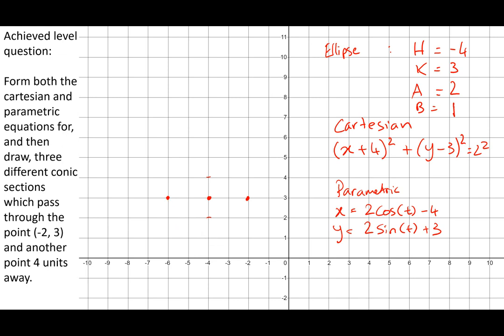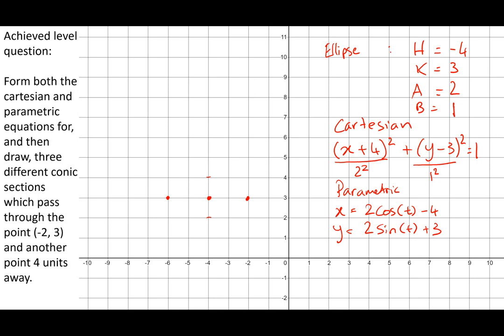My Cartesian equation actually is very similar, but instead of having r squared at the end, I'm just going to have it equal to 1, and that's just the equation is always equal to 1, and then my first part will be over the a value squared, so over 2 squared, and my b value will be over 1 squared, which is just 1, but I'm going to write it as 1 squared, just so I remember that's how the formula is.